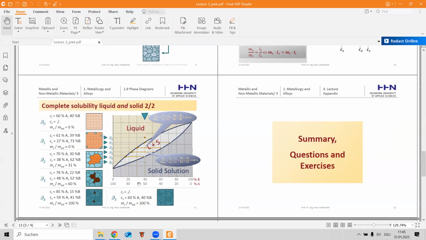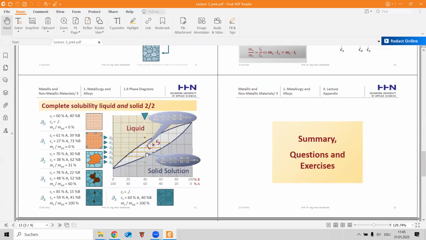So concentration of liquid 30% divided by 62 for this line, percent of component B minus 30%. So concentration of solid, and it is equal to 31%.